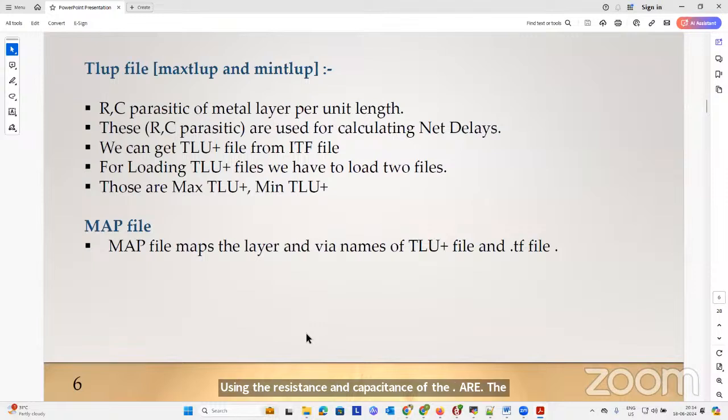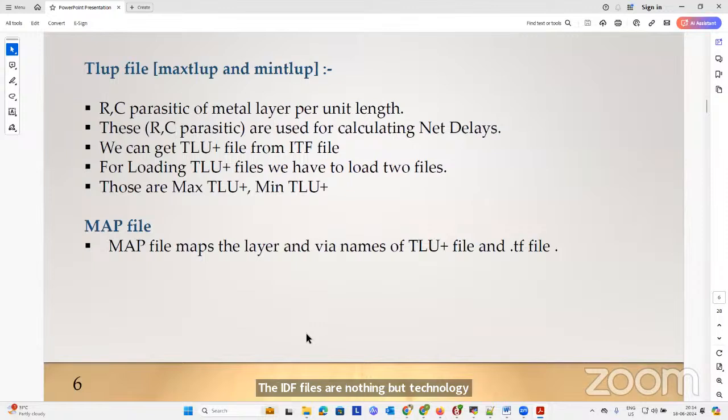We can get TLU+ files from the ITF file. ITF is the interconnect technology file format. So whatever the RC values in the TLU+ files are, those are derived from ITF files, which are nothing but technology files.